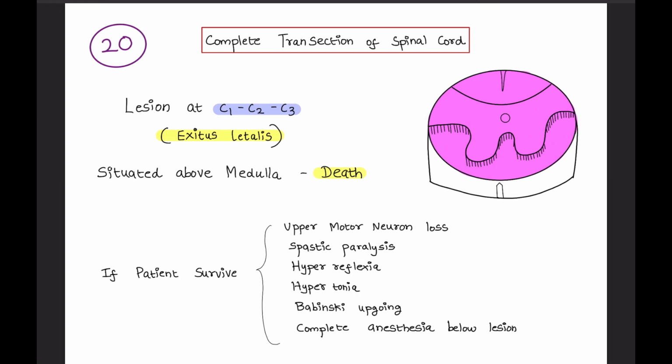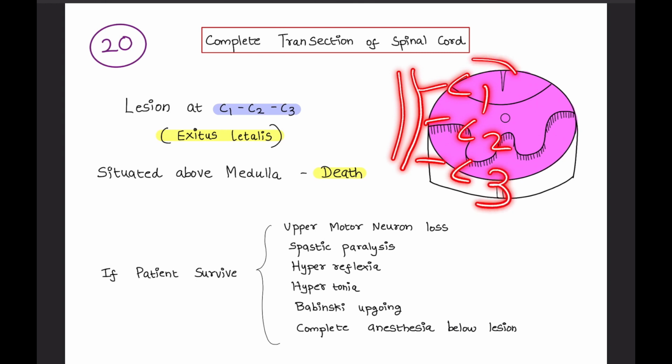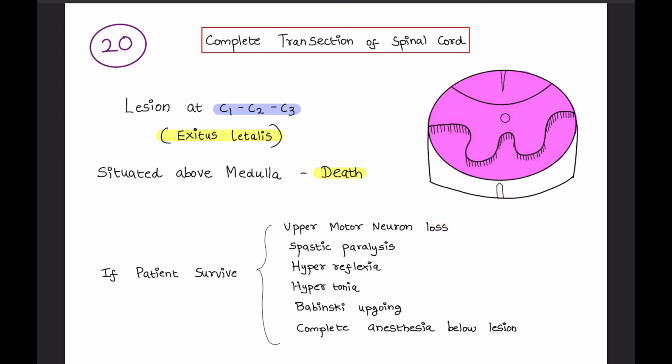The reason why I told you to remember the location of the different segments of the spinal cord is because if the lesion is at C1, C2, C3 level, which are near the brainstem, this is known as exitus letalis, that is, there will be definite death due to various problems because the lesion is located above the medulla oblongata.